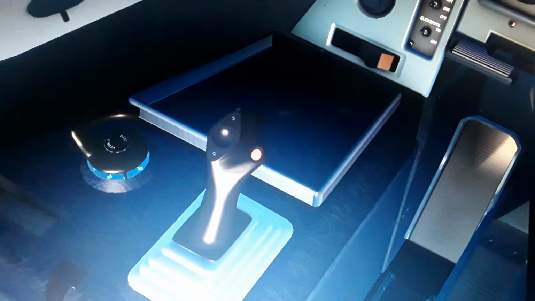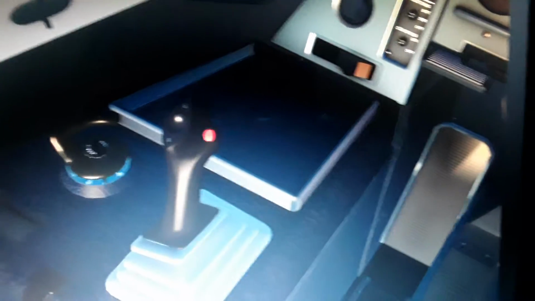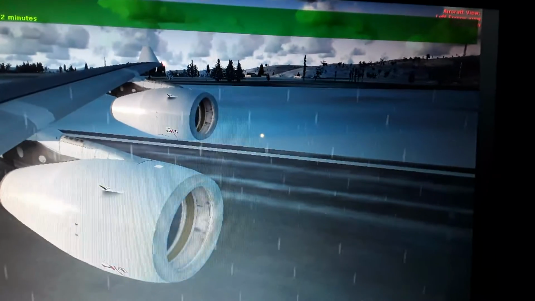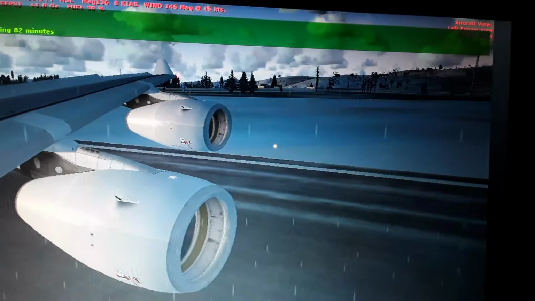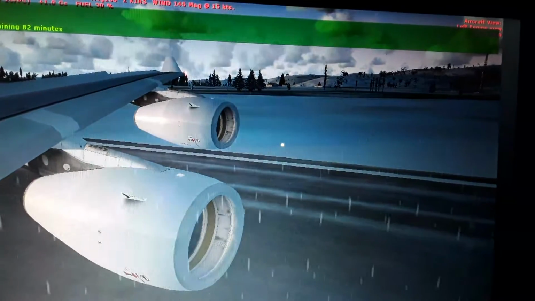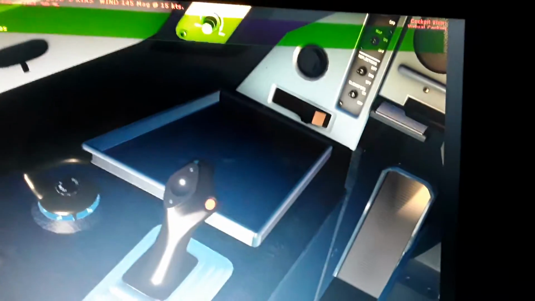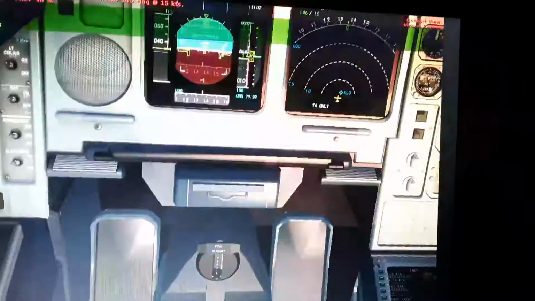So if I move the side stick left, I control the left aileron up and the right aileron down, and so the left spoilers go up too and make the aircraft bank, roll, to the left, and if I do the opposite, it goes to the right.